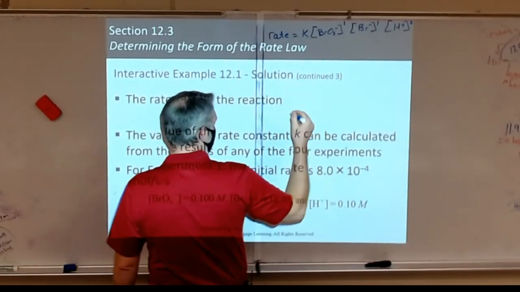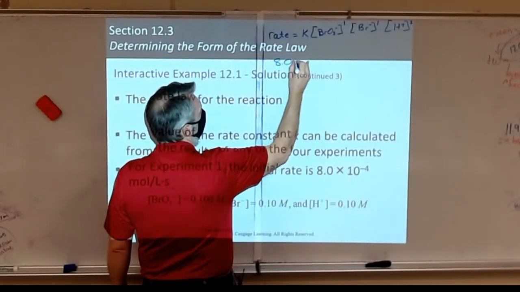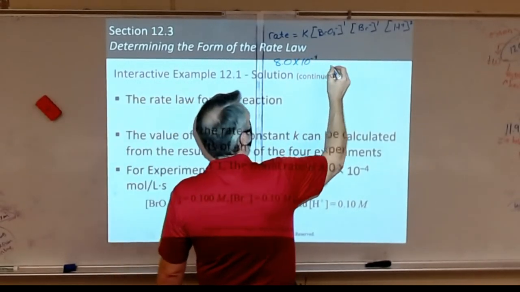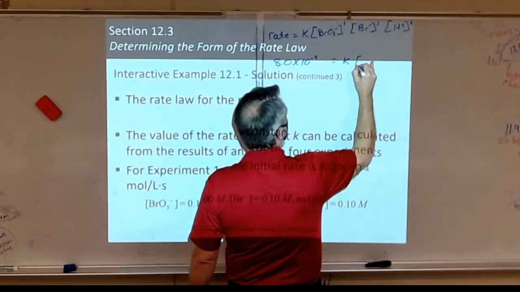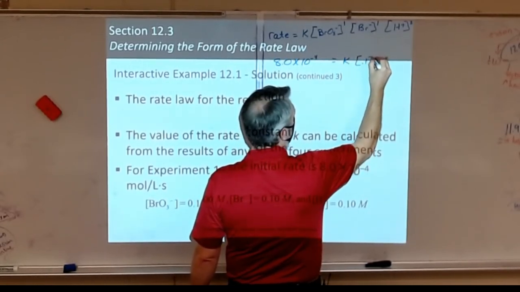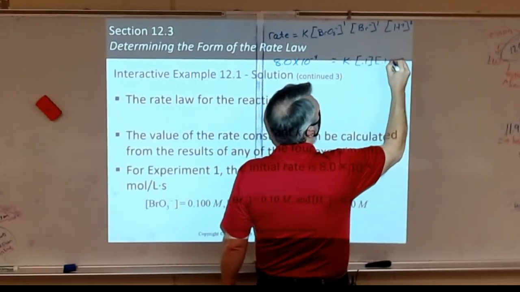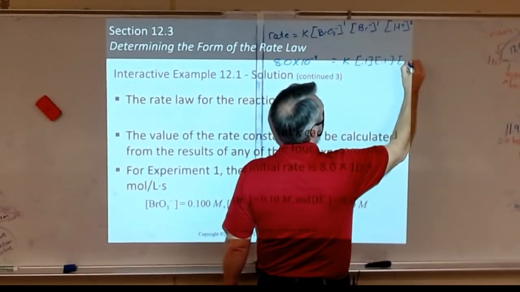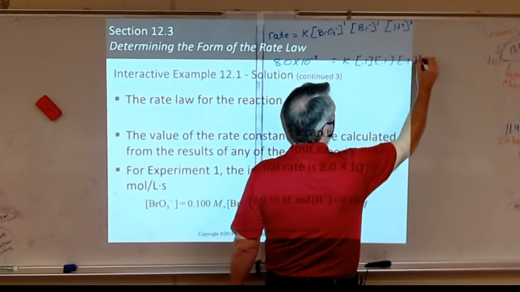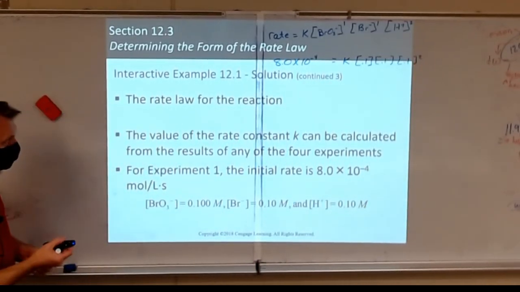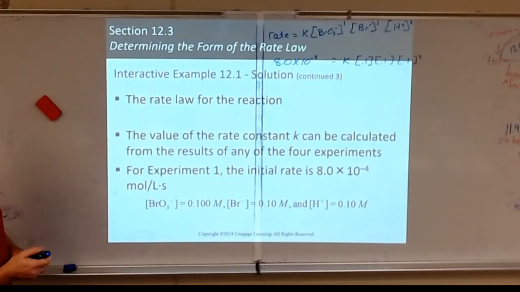Okay, so I can actually plug this in. The rate is 8.0 times 10 to the minus fourth. I've got some units for that. Equals K times 0.1 to the power of 1, which I'm just not even going to write, times 0.1 squared. Is it 0.1? Yeah. Okay, there's a bunch of units on here.